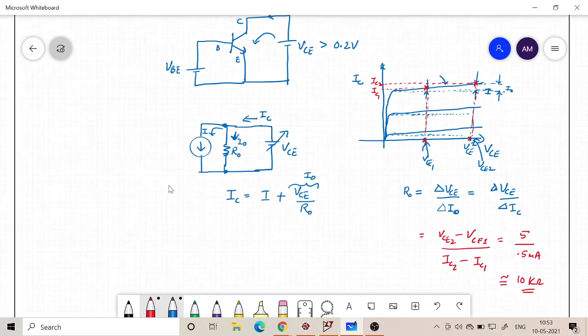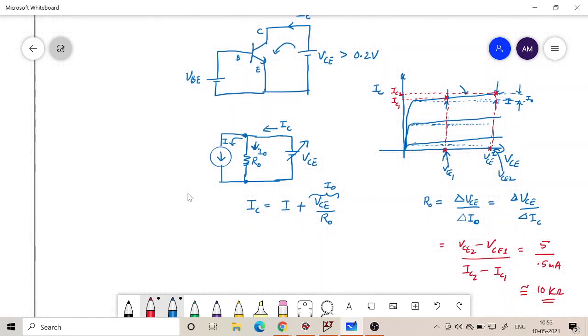Okay, so that is one thing. And then what did we say? We also saw that the input side you may replace with a diode. Why did we say that? We say that because the current IB is related with the VBE that you apply.